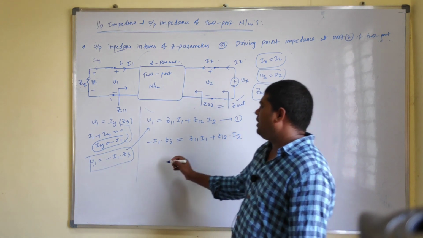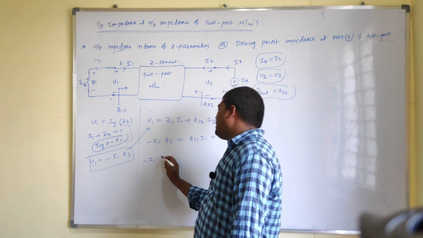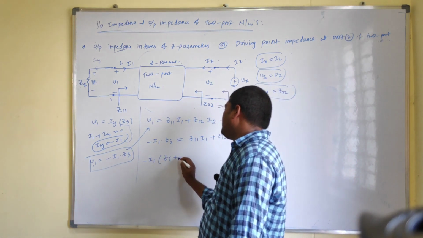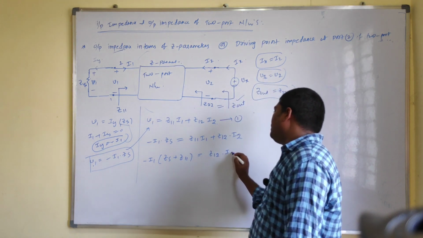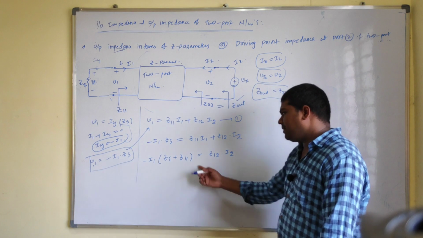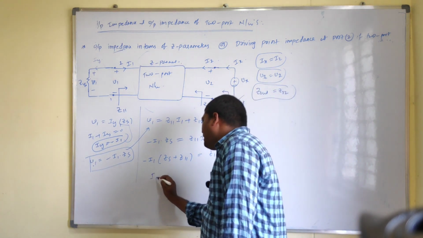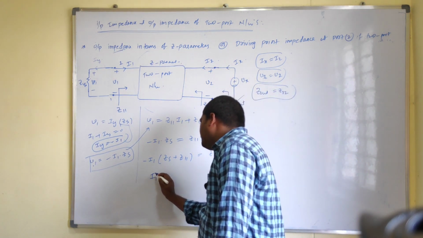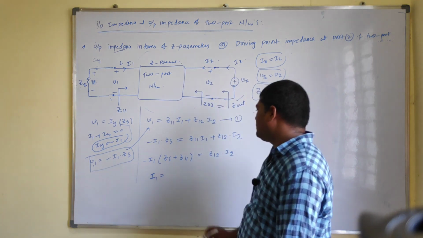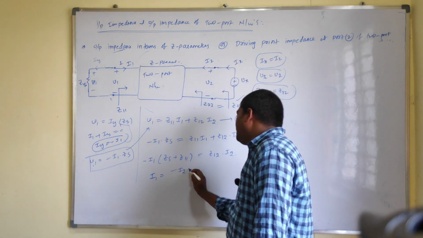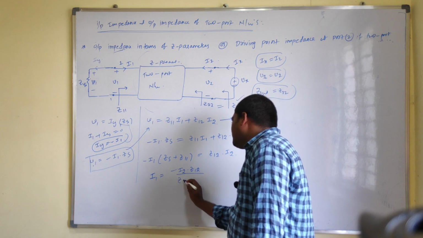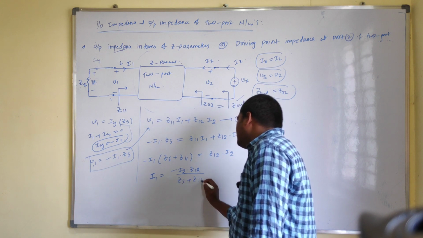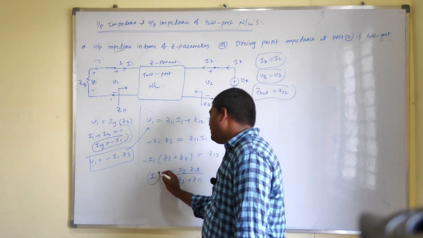So minus I1 into Zs plus Z11 equals Z12 into I2. From this expression I1 equals minus I2 into Z12 by Zs plus Z11. This is your I1 value.